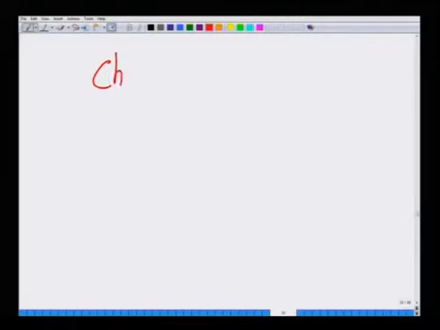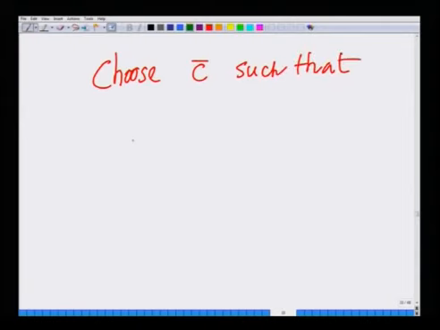So, choose the vector C bar such that this estimate x hat minus x, the norm squared, that is norm x hat minus x squared, is minimized.